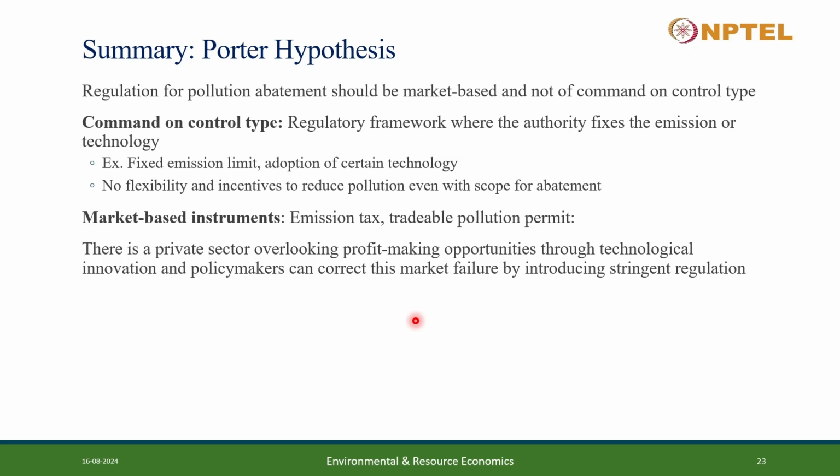Let's say a firm can emit 10 tons of CO2. If the firm produces 11 tons, then they have to pay a penalty for 1 ton. However, if the firm reduces its emission to 9 tons, then they will get an incentive for the reduction of a further 1 ton. That is how the market-based instrument works.